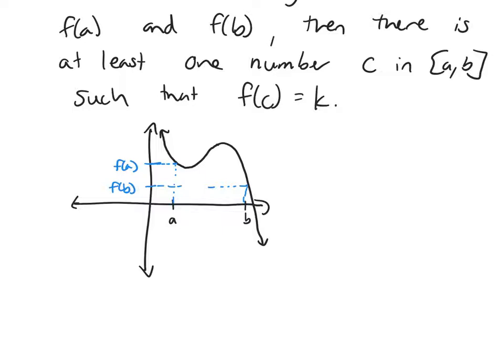And then what this theorem says is I can pick any number between those. So let's say I'm going to pick k to be right here, k. And what it says is if I go across y equals k, there's some point on this graph where I have to hit my function.